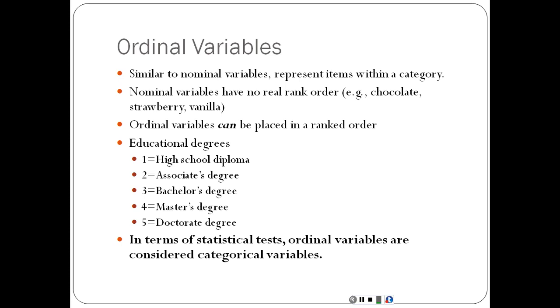One thing that you're going to learn later in the semester is that the way you figure out which statistical test to use is dependent on the type of variable. First thing you're going to have to think about is, is it categorical or is it continuous? So I want you to remember, ordinal variables and nominal variables are categorical, which will lend itself to only certain statistical tests.